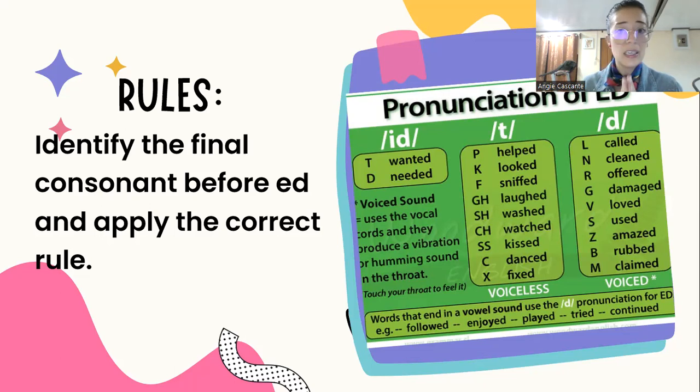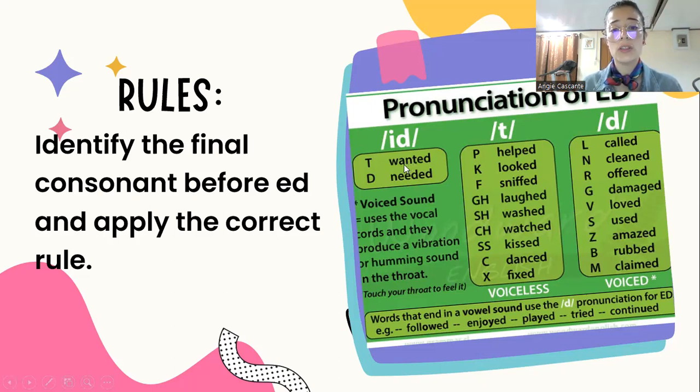And this rule is the easiest for me because all you have to remember is if the final consonant before ed is a T or a D, you're going to pronounce the past with id. As in the examples that we have here, please pay attention to the screen.